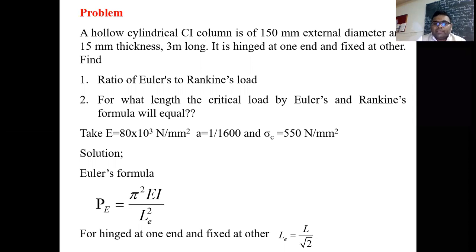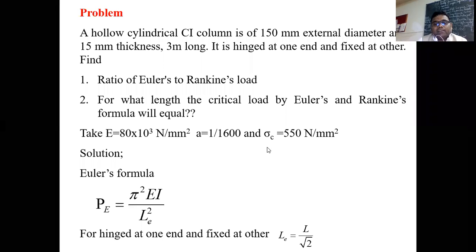E is given for this question. E is the Young's modulus of the column material, 80 into 10 power 3 Newton per mm square, and a is the Rankine constant, and sigma c is the critical stress induced in that column.